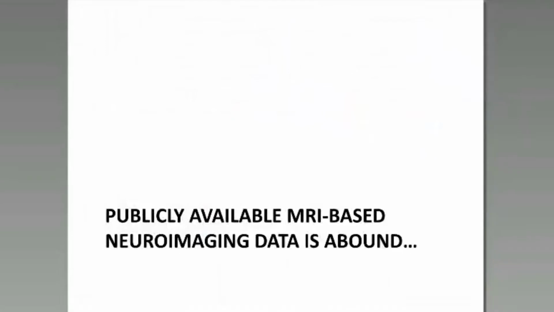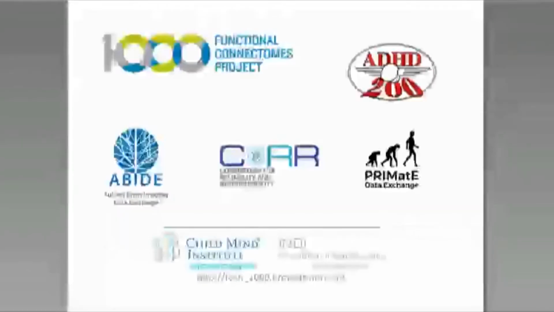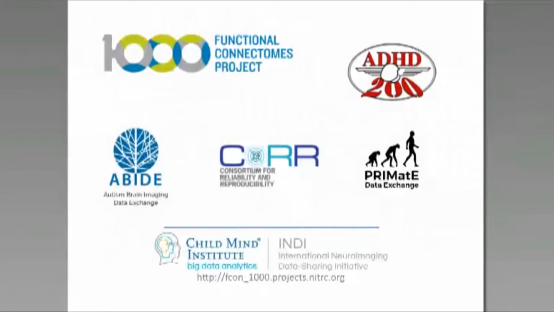As opposed to a bit over a decade ago, at this point publicly available MRI-based neuroimaging data is abound. First, there is the International Neuroimaging Data Sharing Initiative, or INDI, and the varying initiatives we've had over the years: the 1,000 Functional Connectomes Project, ADHD-200, the Autism Brain Imaging Data Exchange, the Consortium for Reliability and Reproducibility, and the Primate Data Exchange, or PRIME-DE.